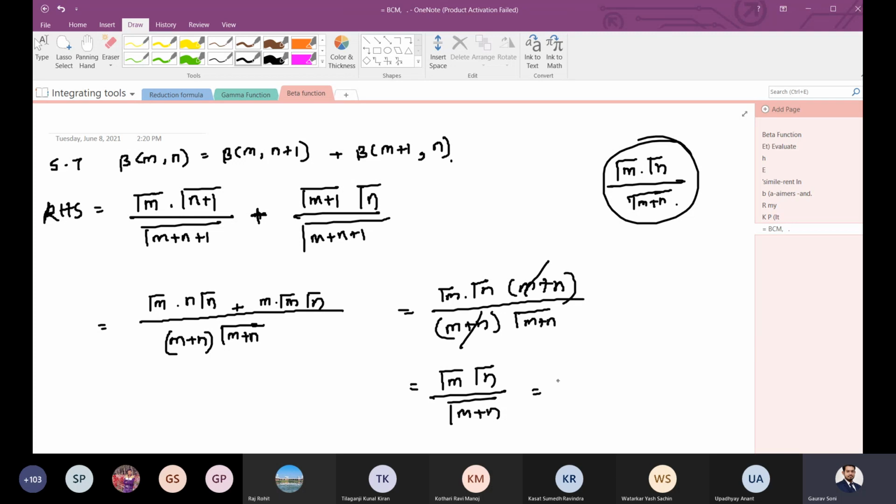So this is nothing but LHS. So that's all for the beta function. If you have any difficulty, please ask.